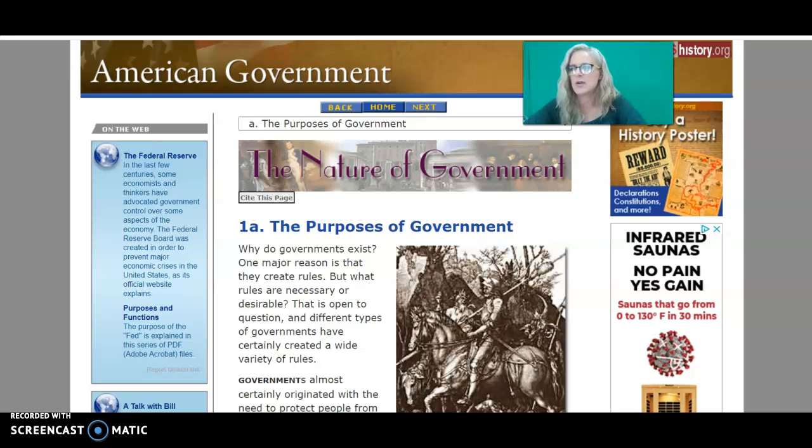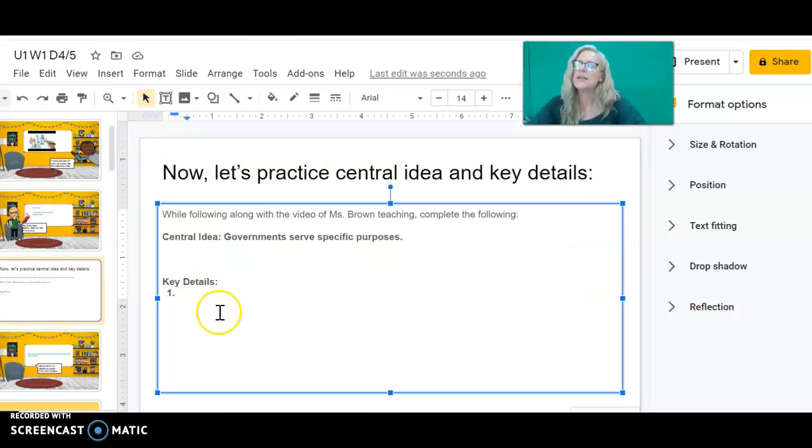We're not going to have a whole lot. So I know once my numbers start getting really big, I might need to go double check and make sure all of my key details are big slices of the pizza, not small toppings. So one purpose of government is to create rules.